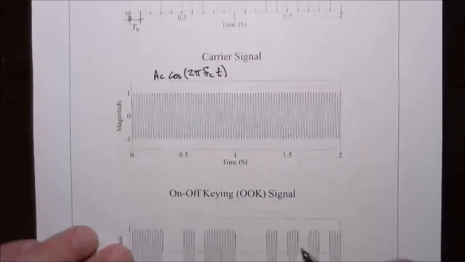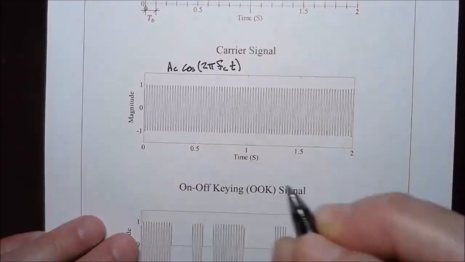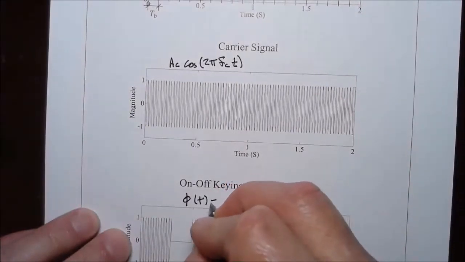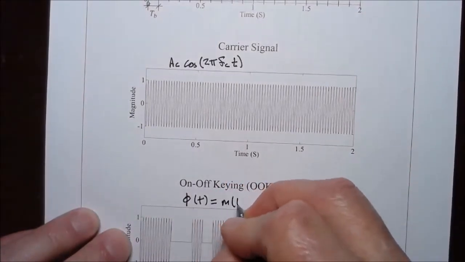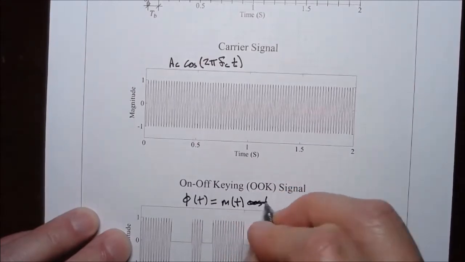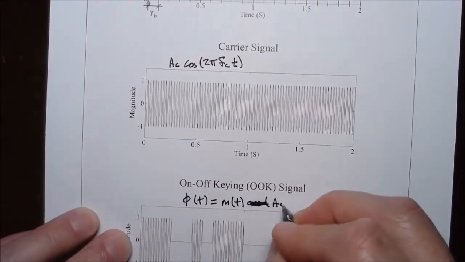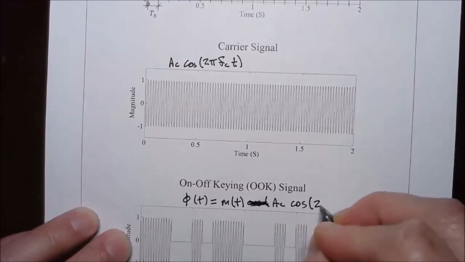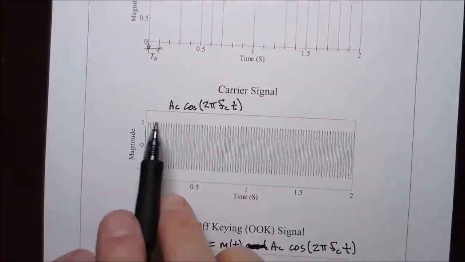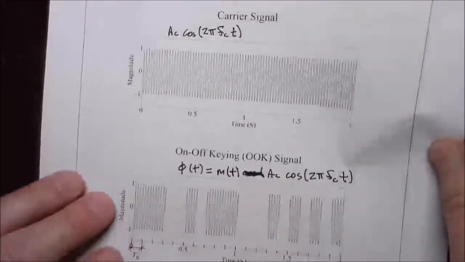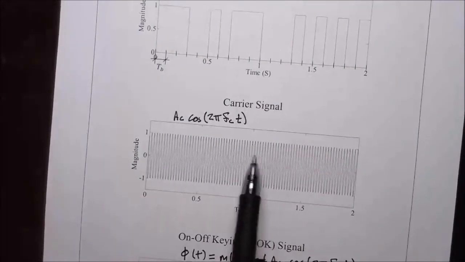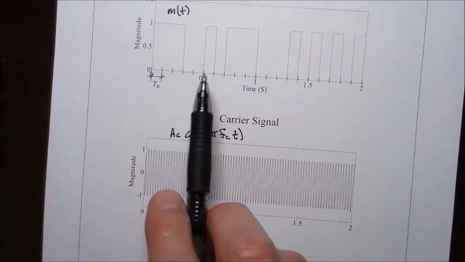So now we want to look at the modulated signal. Phi of t is equal to m(t) times AC times the cosine of 2 pi FC t. I've chosen an amplitude of 1 to make life simple. And so we're multiplying this carrier times this digital message signal.